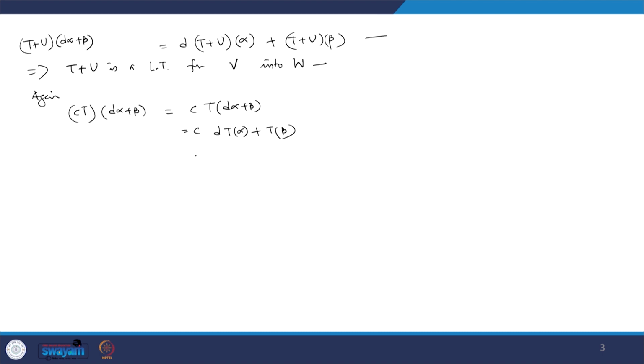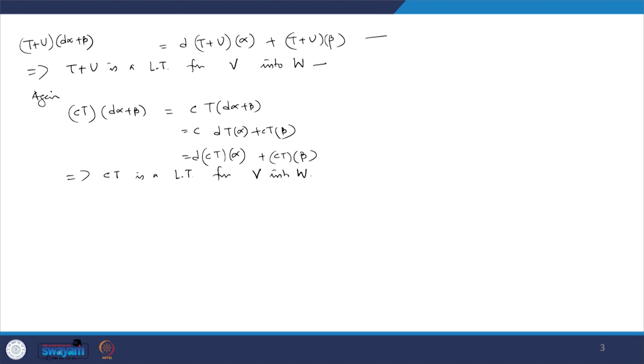So, this means that this is equal to, I can take d out, C T of alpha plus C T of beta. So, this means that C T is also a linear transformation from V into W, it is fine.